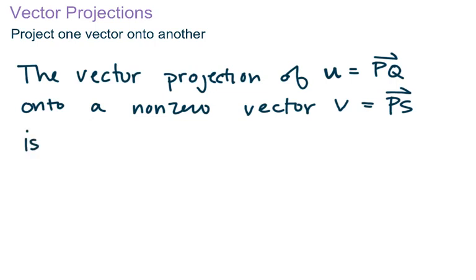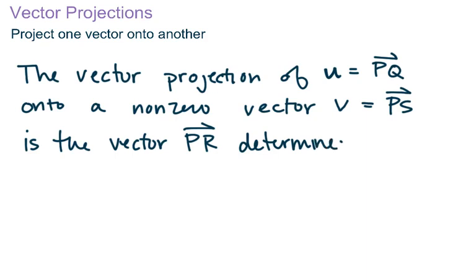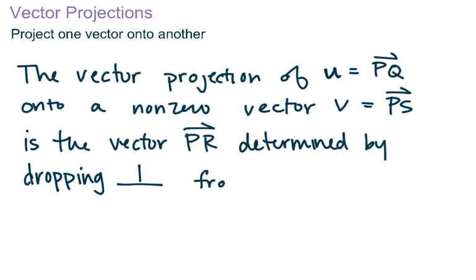This is the vector PR, which is determined by dropping a perpendicular. So dropping a perpendicular down from the vector applied to the initial vector. So from Q to the line PS.